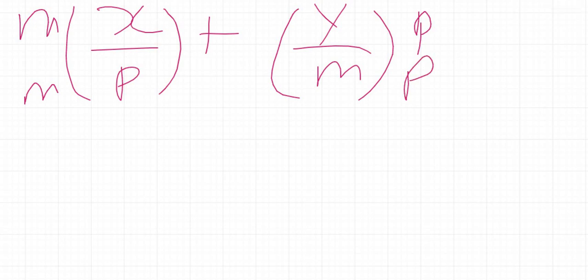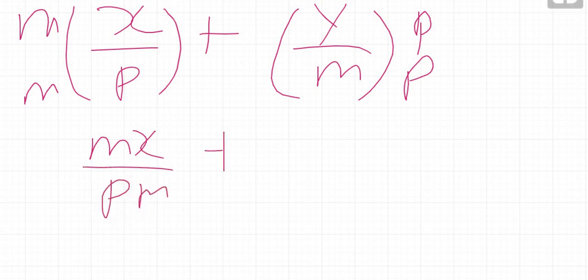So now we distribute the variables that are outside with the variables that are inside the bracket. So m times x gives us mx divided by m times p gives us mp, plus p times y gives us py, and p times m gives us mp.